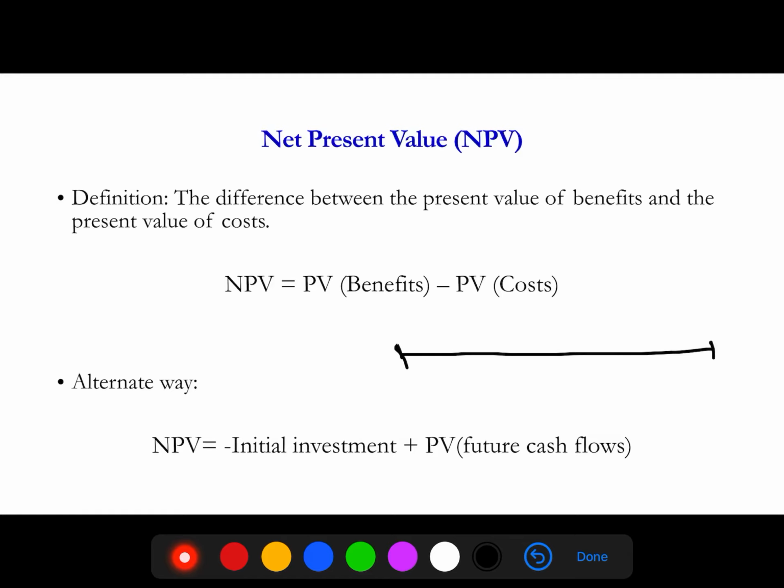So at time zero, Dunkin' Donuts needs to make some initial investment, which I call I0. This initial investment might be the special coffee maker machines that can brew that special type of coffee, the cold brew coffee.